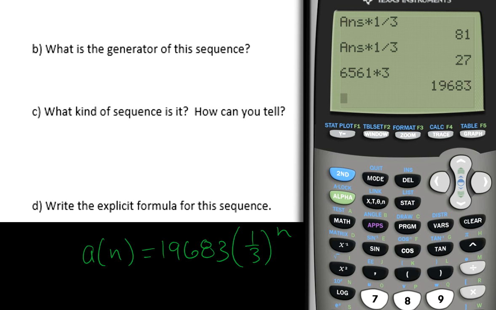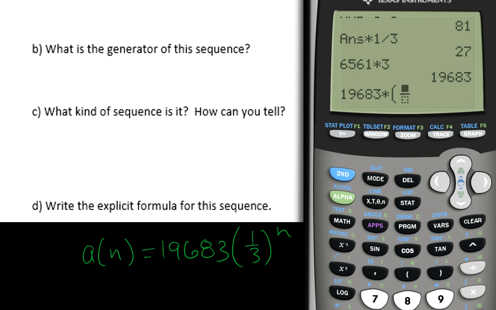So a couple ways I can do this. I can take the 19,683 and multiply it by, let's see, I'm going to open parentheses, and I think on this calculator I can do fraction. Yep, there it is. I'm just going to go 1 over 3. I like how that looks. I'll close the parentheses and raise that to the power of.